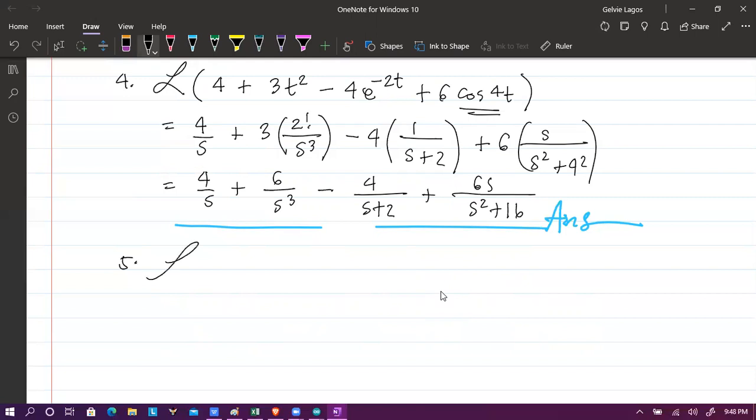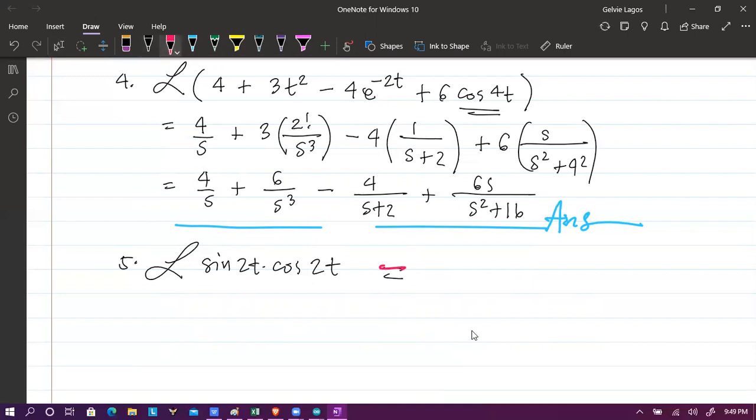All right. Now let's try the Laplace transform of, shall we say, sine of 2t times cosine of 2t. Take note, this is multiplication. So you have to take the Laplace transform of the product of cosine 2t and sine 2t.